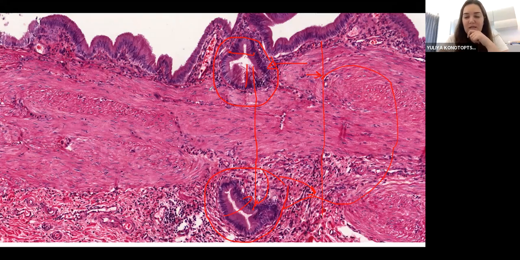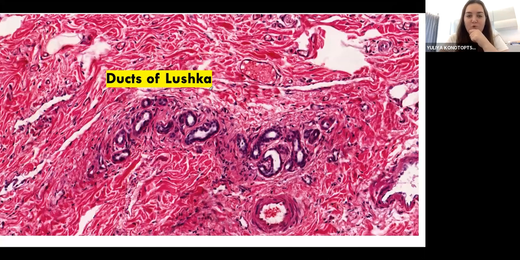There is something in the adventitia which is called ducts of Luschka. We can see them here. Ducts of Luschka are embryological remnants of embryological bile ducts. Because in the embryo, we will learn that the gallbladder is like an extension of a bile duct.